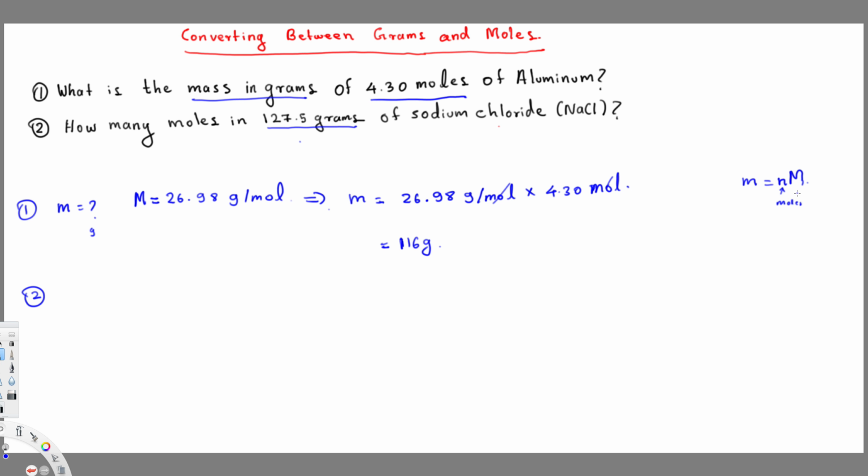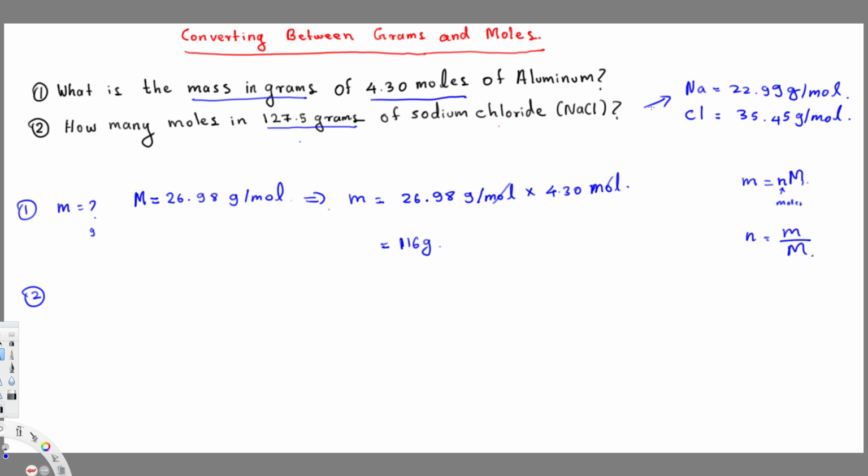Now they are asking to find the mole. So n is going to be equal to m over capital M. So we have to know the molar mass of NaCl. We can find it from the periodic table. The molar mass of Na is 22.99 gram per mole, and the molar mass of Cl is equal to 35.45 gram per mole.